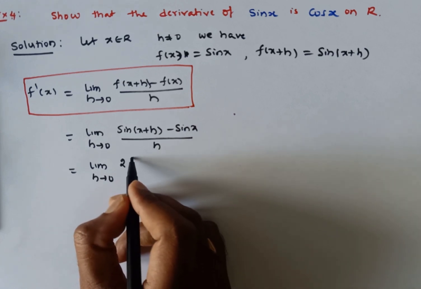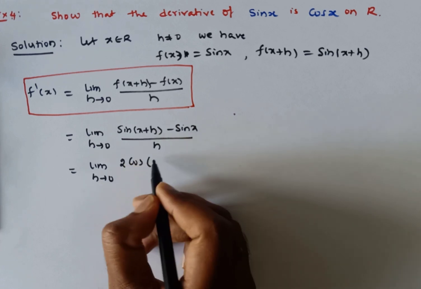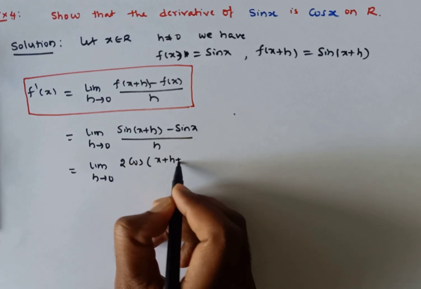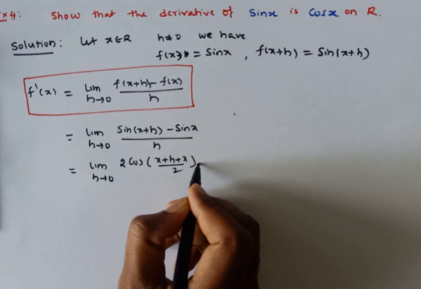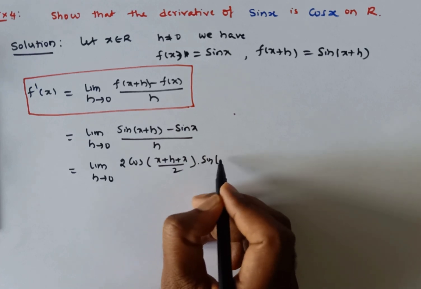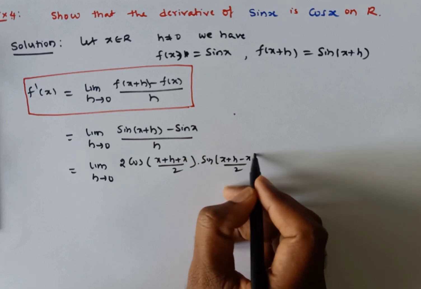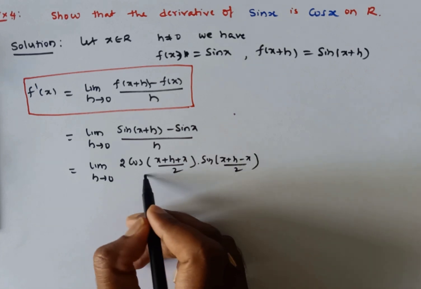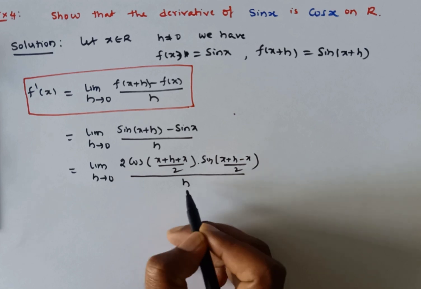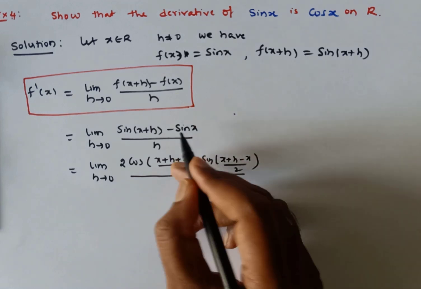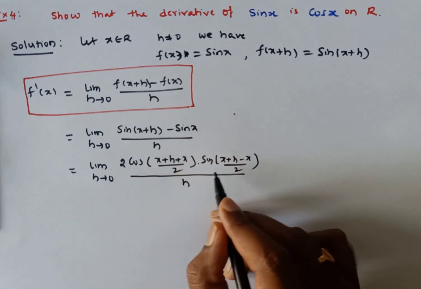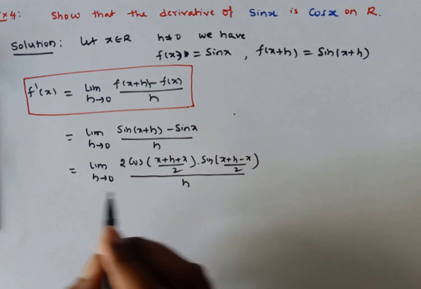That is 2 into cos of (x plus h plus x) by 2, into sine of (x plus h minus x) by 2, divided by h. The formula is sin c minus sin d is 2 cos of (c plus d) by 2 into sine of (c minus d) by 2.